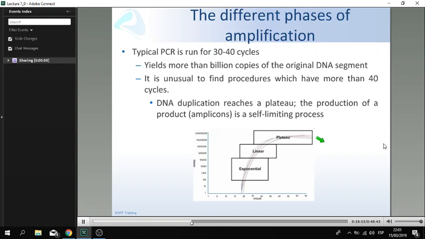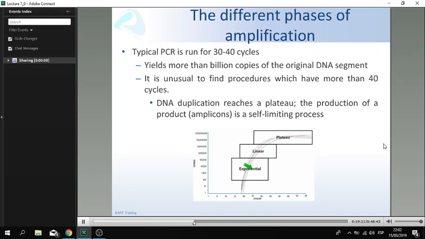So typically a PCR run is 30 to 40 cycles. You don't really go over 40 cycles because DNA duplication at a certain point reaches a plateau, because the production of this new DNA, which we call amplicons, so new products, is a self-limiting process. So you can see as you start cycling, the first cycles are going to be exponential duplication, when we get duplication in every cycle.